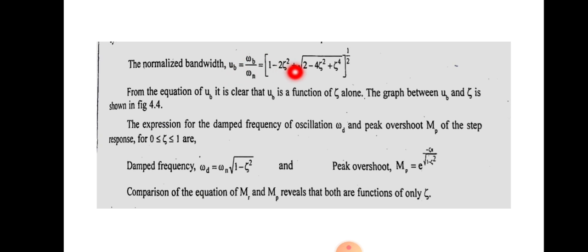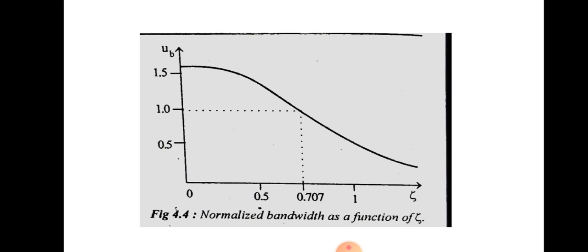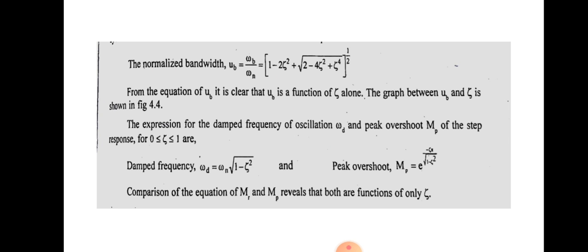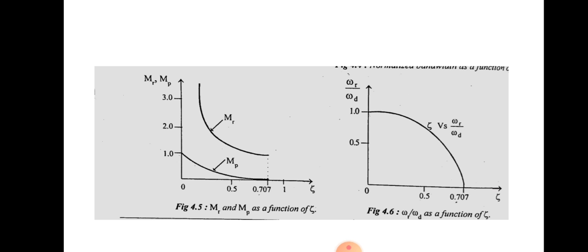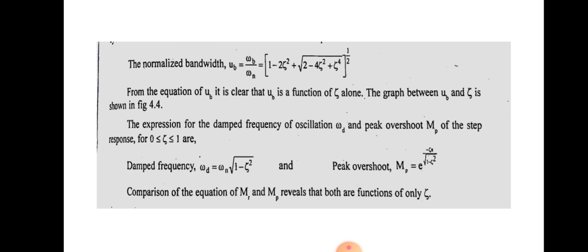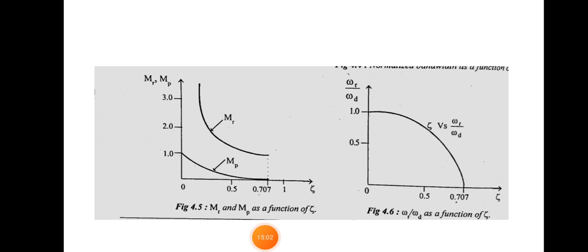We can draw the curve like this by giving different values of epsilon, but the substitution of different values is not so important, which is why I am not discussing it. So these are the curves.